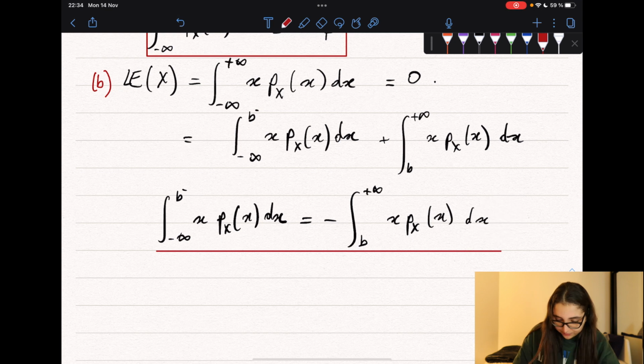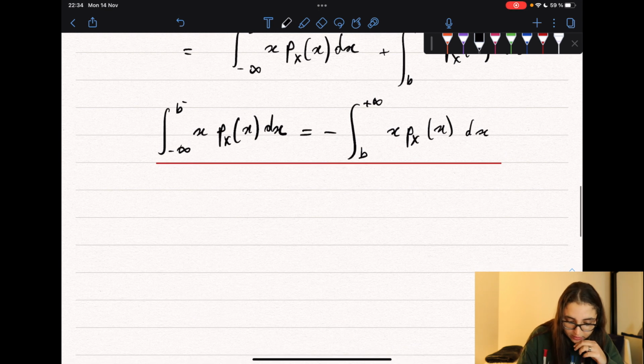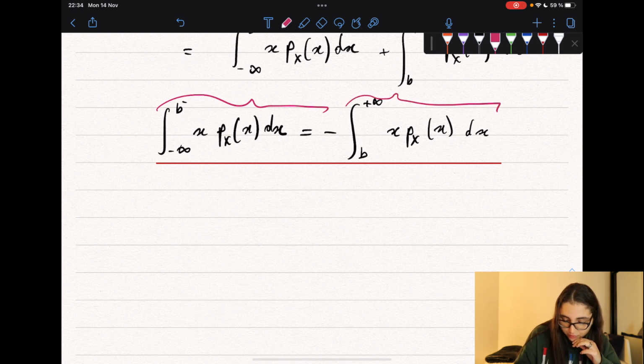All right, and now given that we have found this equivalence between these two formulas, we're going to find an upper bound for this first formula by leveraging the knowledge that we have about this second formula.